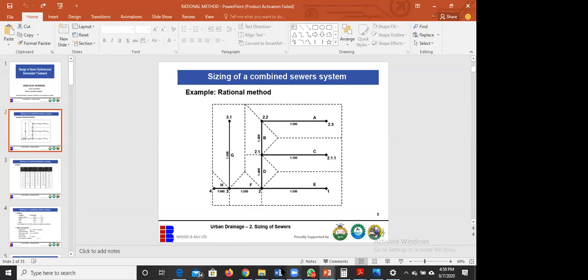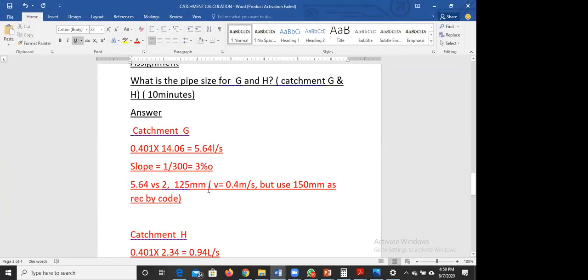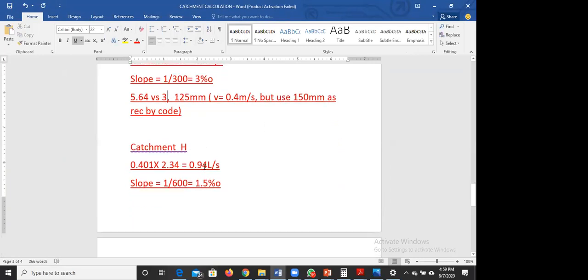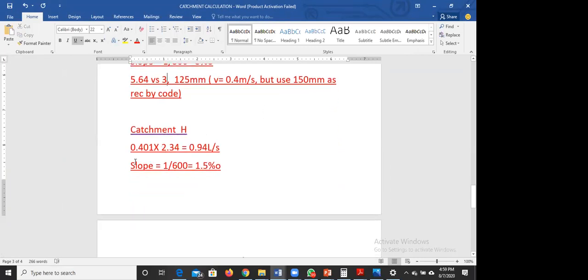So to do the calculation for G, is simply going to be something like this. The specific demand, you know how we got 0.401, multiplied by the catchment to give you this. You go to your chart and read it against this. You get 125 but the code says you should use 150.